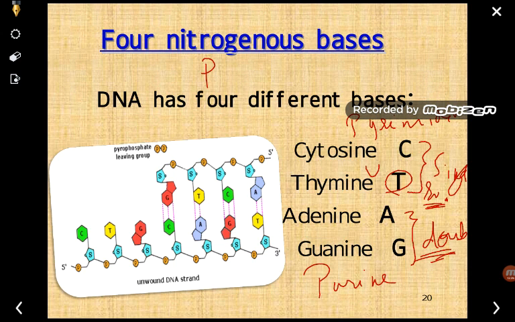If a pentose sugar and any type of nitrogen base come together, it consists of the nucleoside. So we can say that a nucleotide consists of the nucleoside.